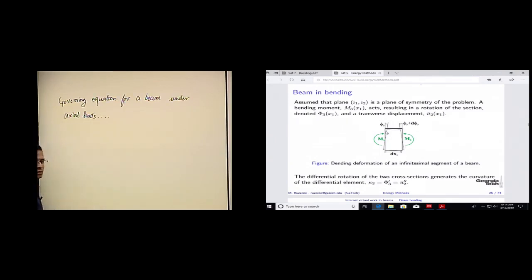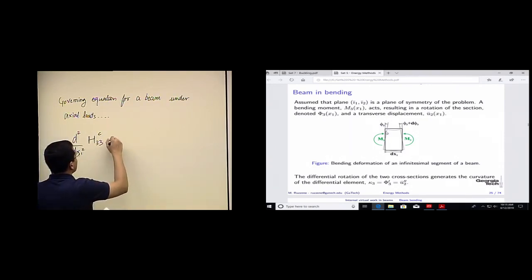The governing equation that we derived in last class is a fourth order differential equation. Did I write EI or H33 in the last class? Okay, so I'll write now H33, for beam in bending.